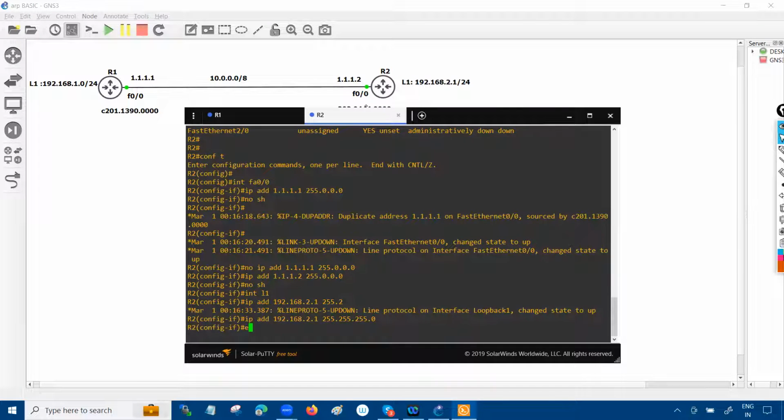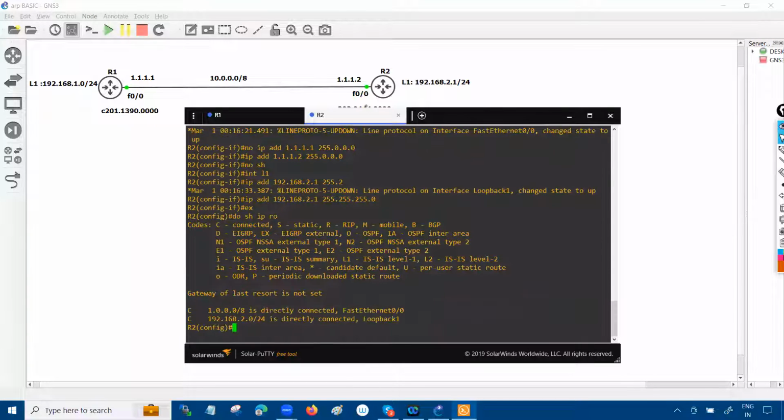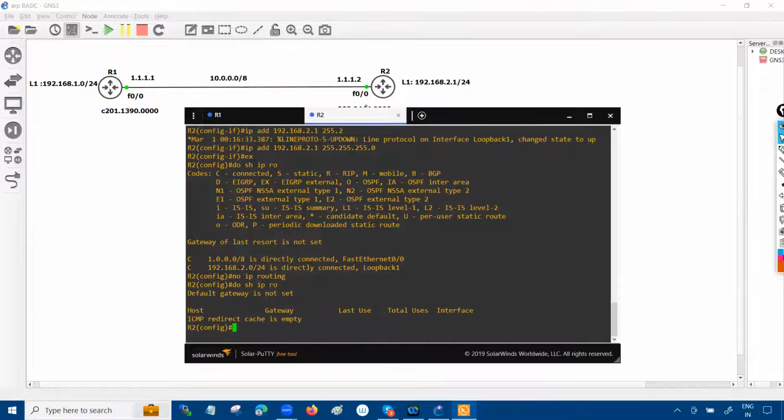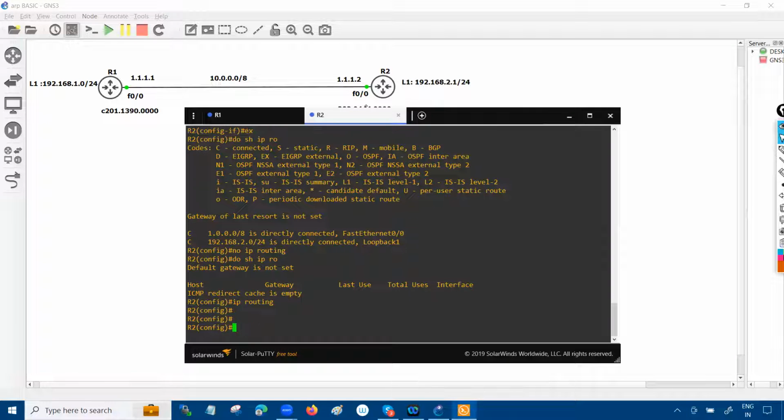Right? And now, if you see the routing table as well, do show IP route, I have a routing table. If I'm going to say no IP routing, it's going to disable the routing table. So let's enable it back. And now what I can do is exchange my routing information. Router 2 has this information, router 1 has this information. Let them exchange it.